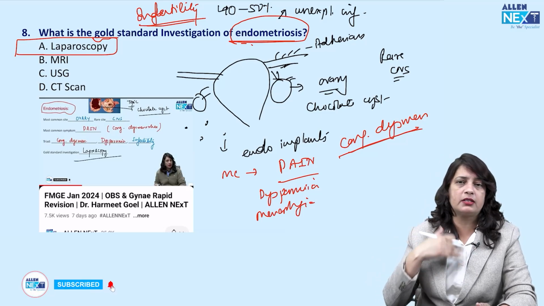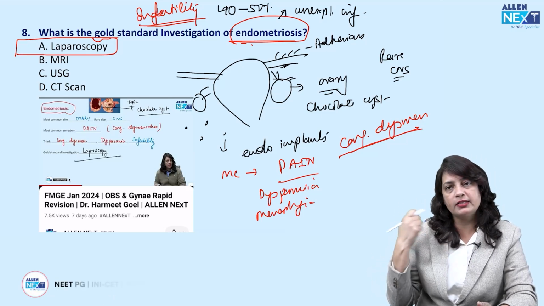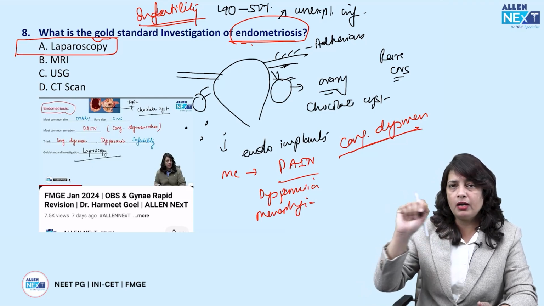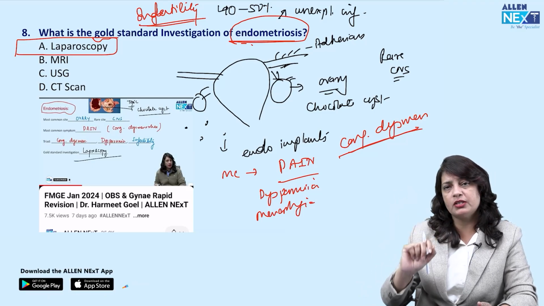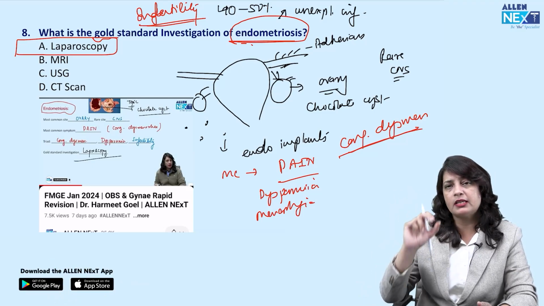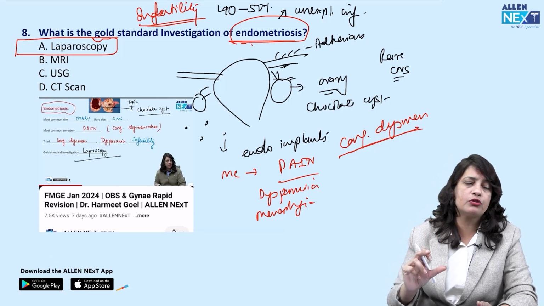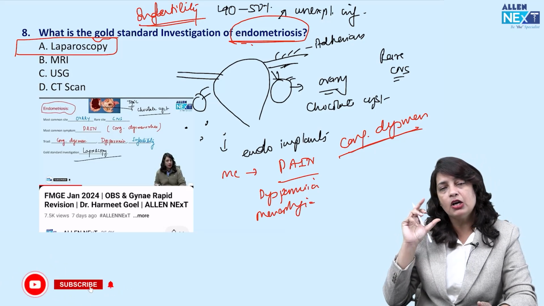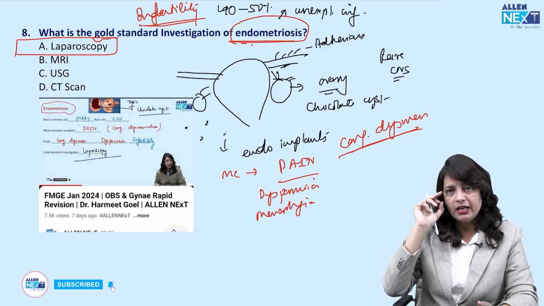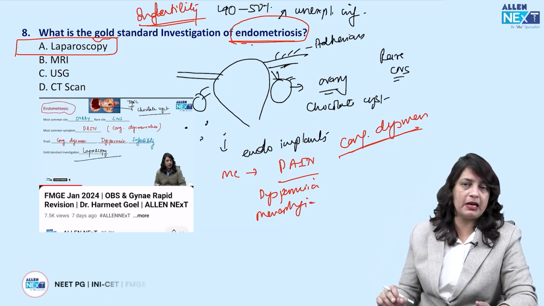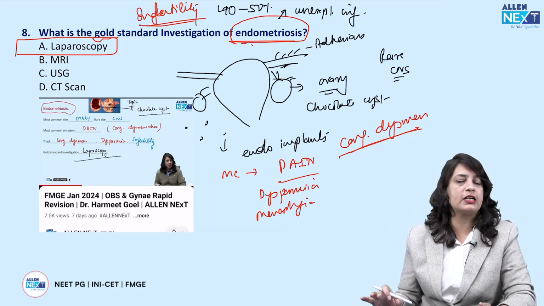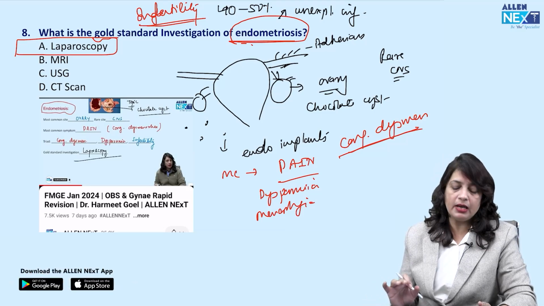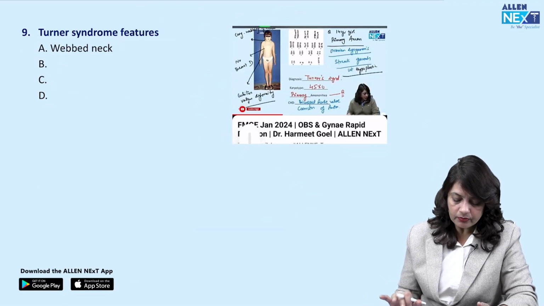If the size of the cyst is more than 4 cm, ovarian cystectomy can be done. And peritubal peri-ovarian adhesions can be dealt with by adhesiolysis under laparoscopic guidance by use of laser or by cautery. Okay, and we can burn the endometriotic implants by laser or cautery. So gold standard investigation remains the laparoscopy.